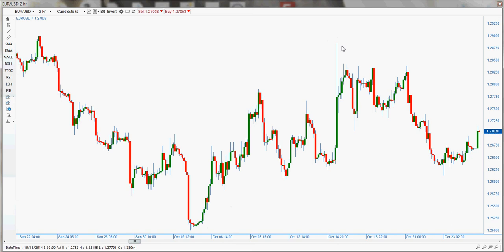So this is enough for me, but let's add a little more conviction to that bias. What I'm looking for is a very common relationship between waves. If this is wave A and this is wave B and this is wave C, a common relationship is that wave C tends to be equal to the first leg, wave A, in price.